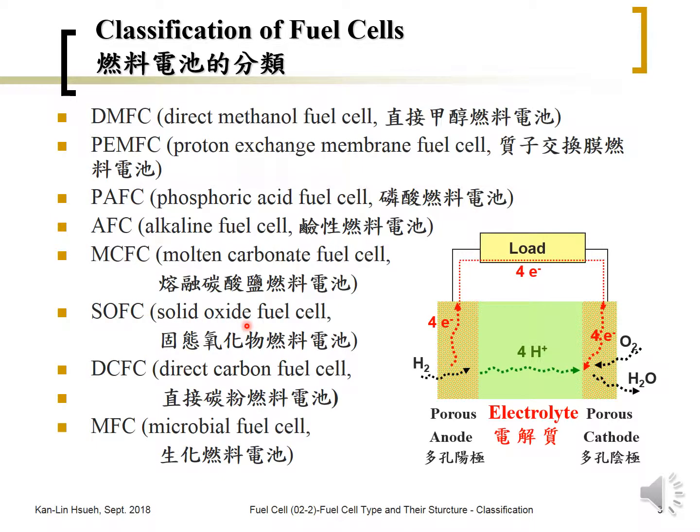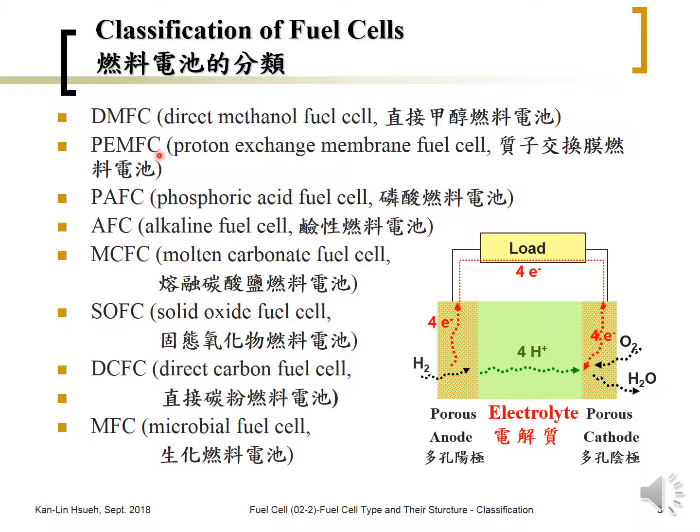The exceptions here are the direct methanol fuel cell and the direct carbon fuel cell. The structure and material used for the DMFC are similar to the PEM fuel cell.